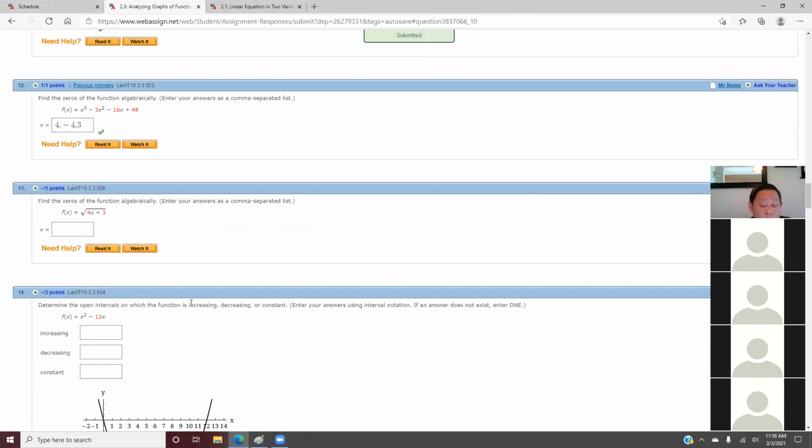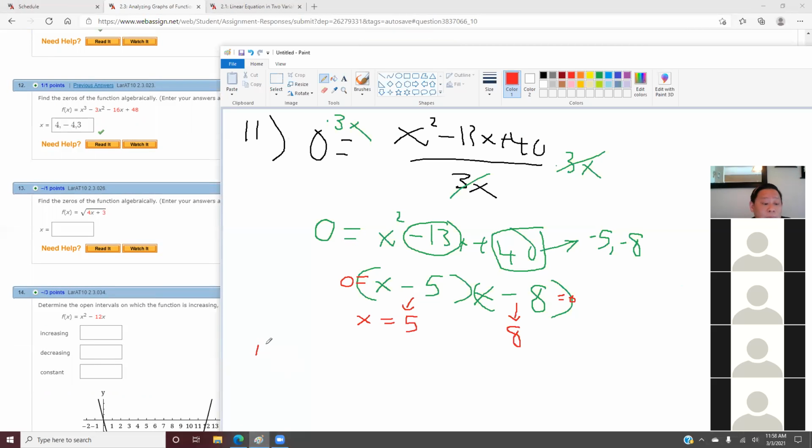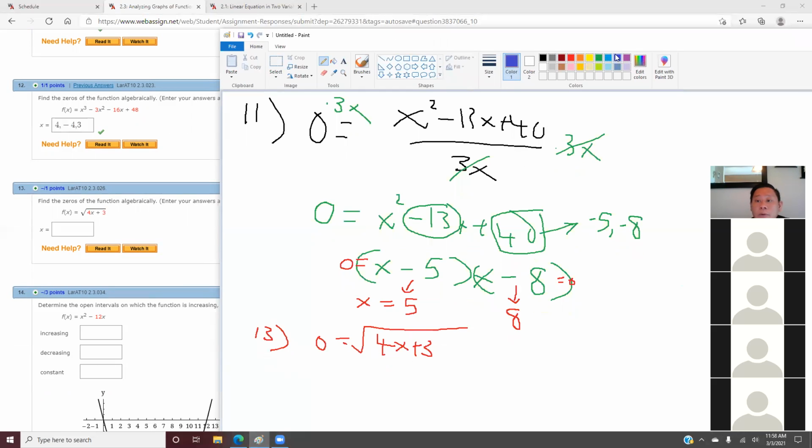Same thing happens to question number 13. So 0 equals the square root of 4x plus 3, and you have to solve for x. So how do we get rid of this square root? Anyone know what's the opposite of square root?